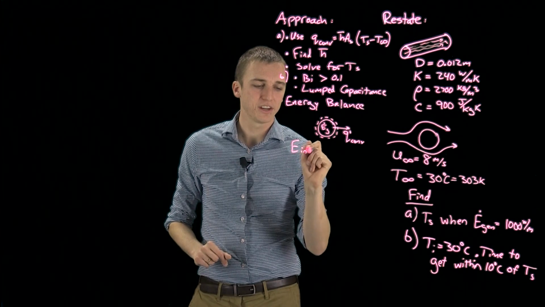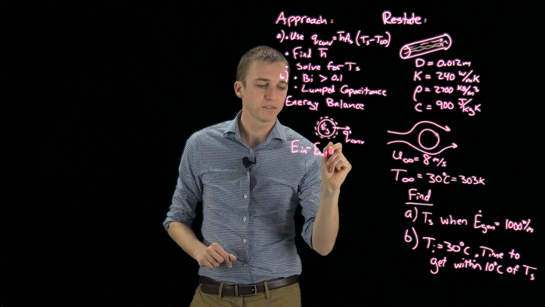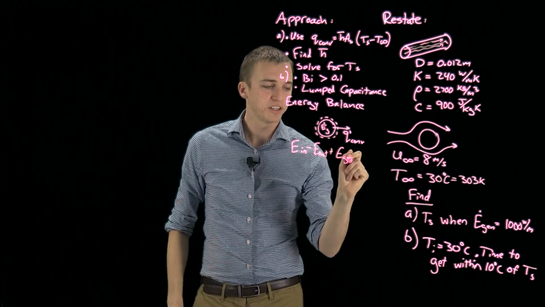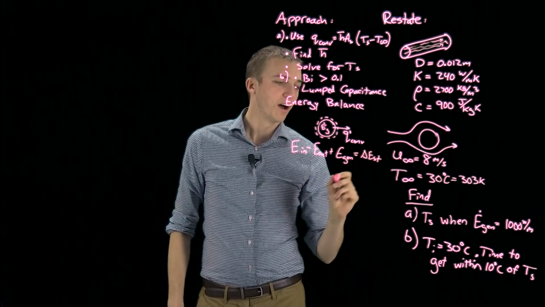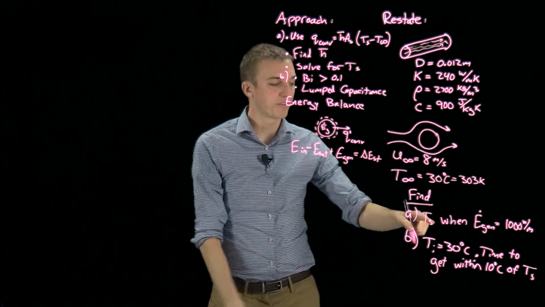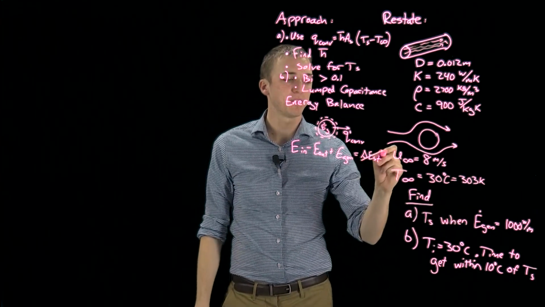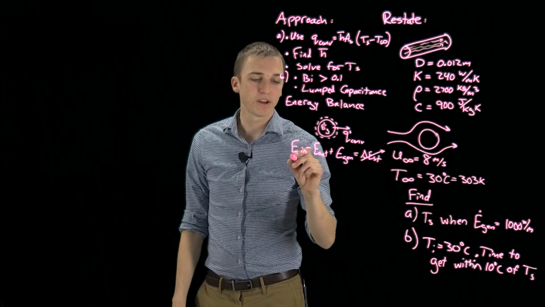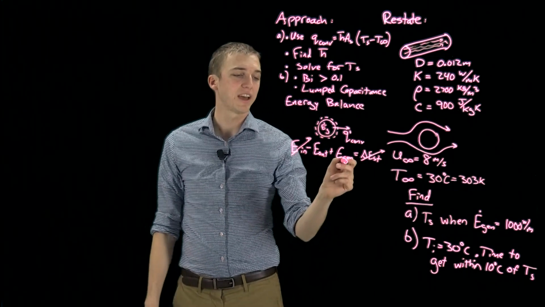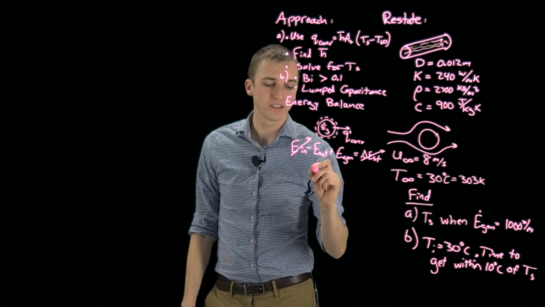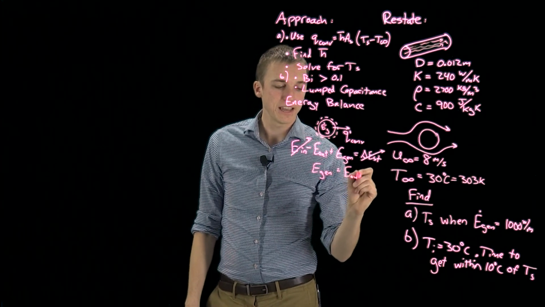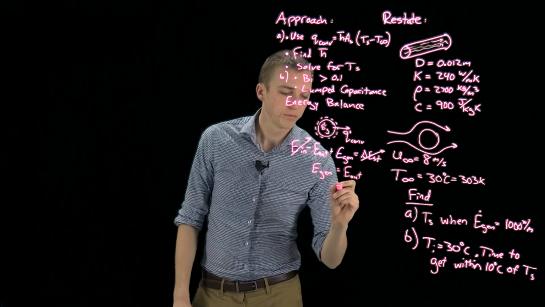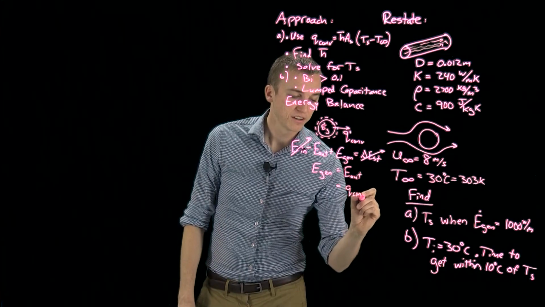We have the energy in minus the energy out plus energy generated equals the change in the stored energy. For part A, when we're finding the steady state surface temperature, we can remove this. Likewise, we have no energy entering, we just have energy being generated and energy leaving. So we can say energy gen is equal to what's leaving, and what's leaving is just Q convection.